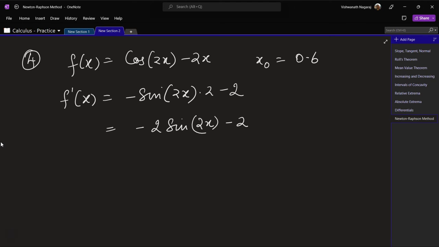There is no multiplication here. There is subtraction. Okay. So now x1 is going to be x naught minus f of x naught by f prime of x naught.